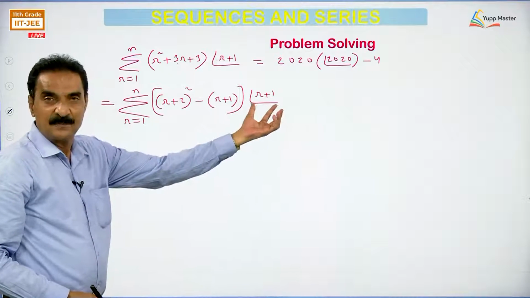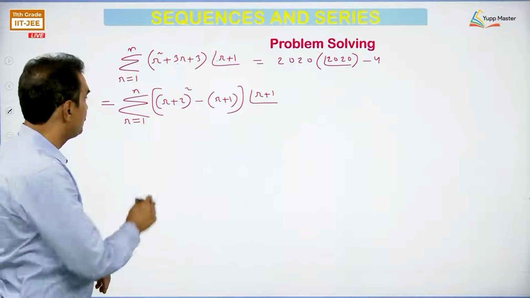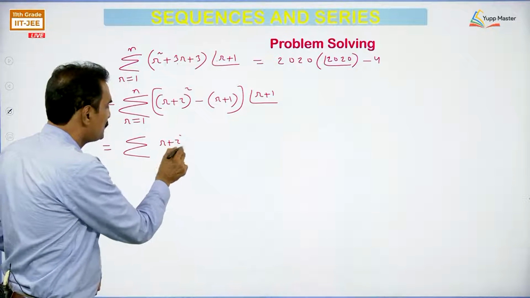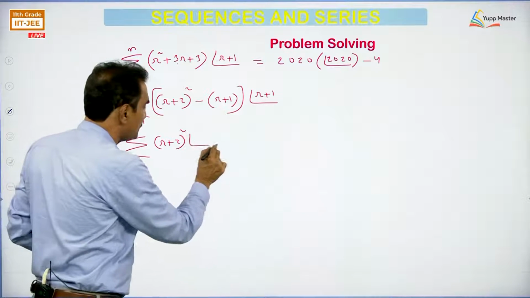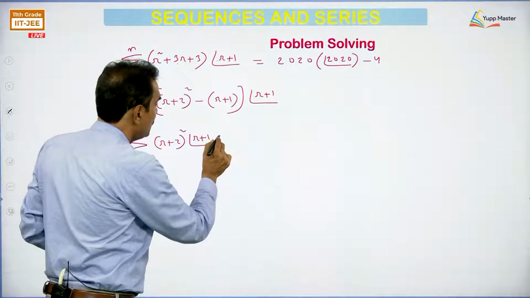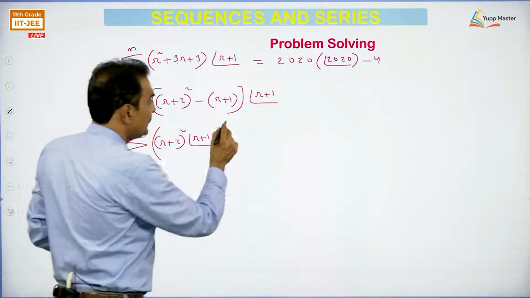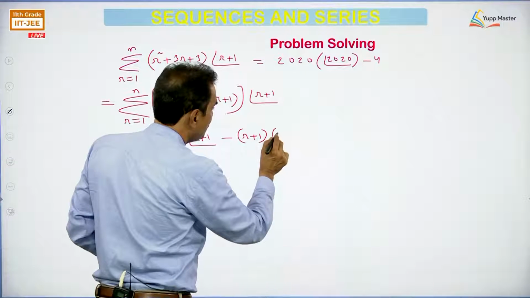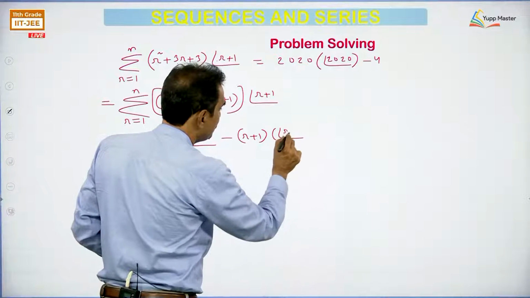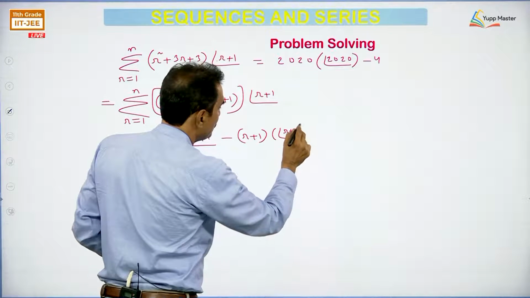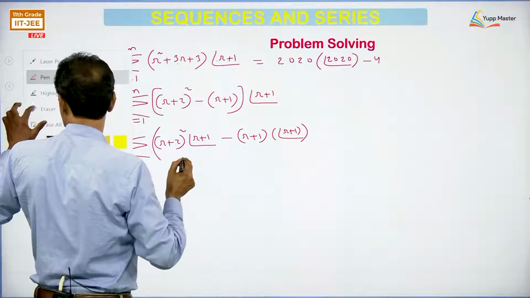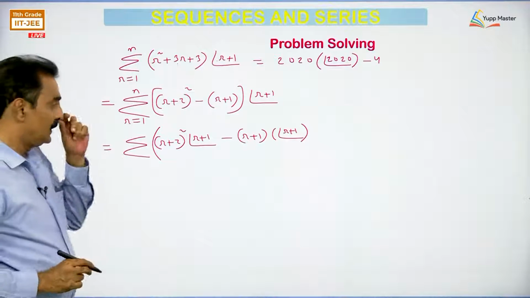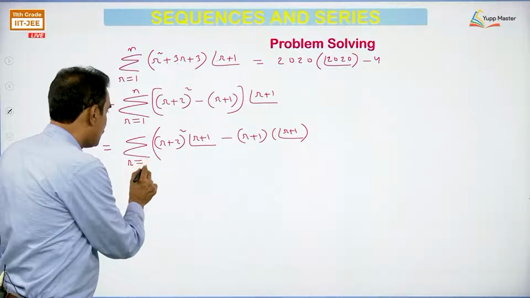Now, multiplying r plus 1 factorial inside, r plus 2 whole square into r plus 1 factorial minus r plus 1 into r plus 1 factorial, r varies from 1 to n.